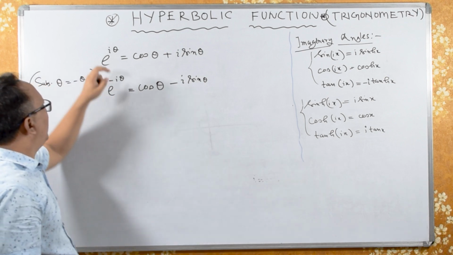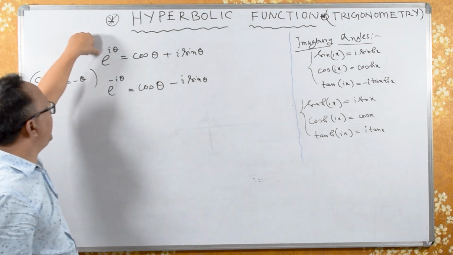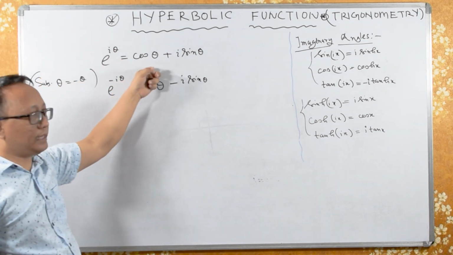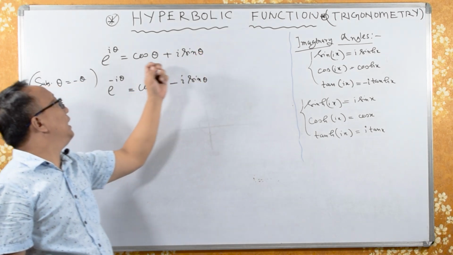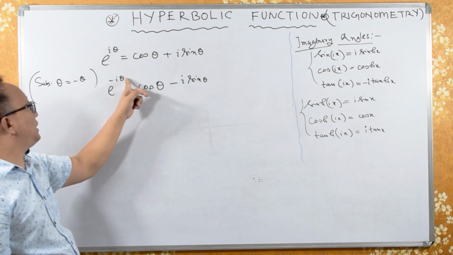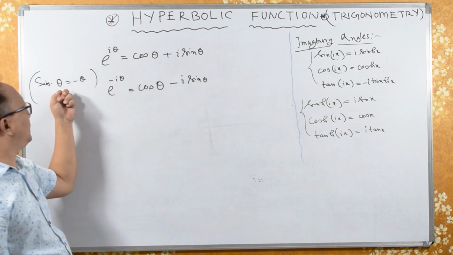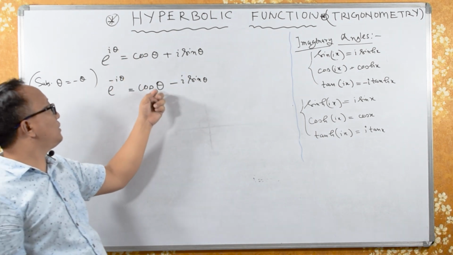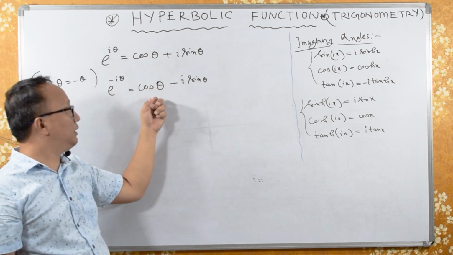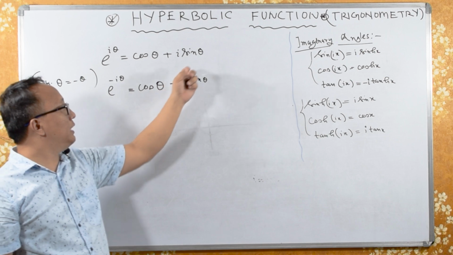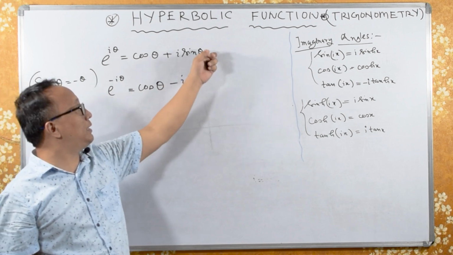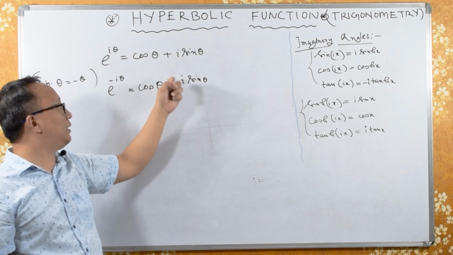What I'm doing is, we have e raised to i theta equals cos theta plus i sine theta by Euler's formula. Now if I change from theta to minus theta by substituting, cos of minus theta is cos theta because it is an even function, and sine of minus theta is minus sine theta, so minus comes out with i here.